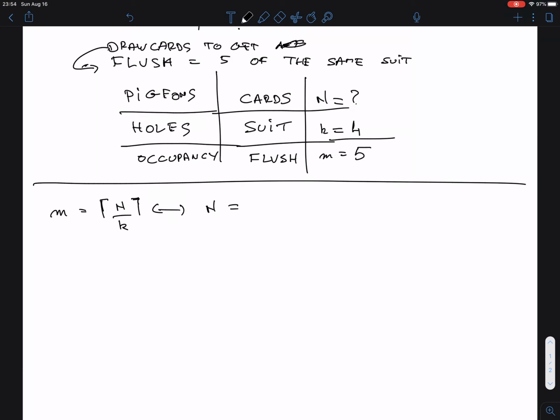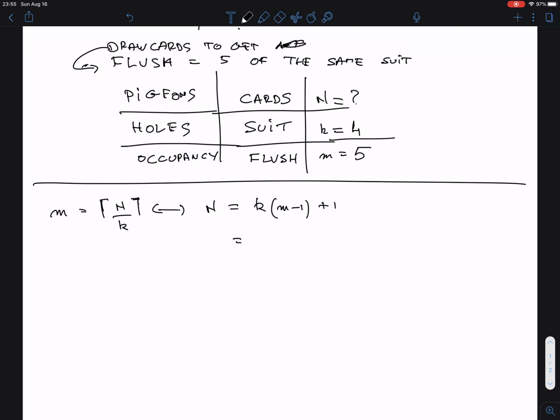The formula says: what can go wrong if you take your k holes and fill them up with m minus 1, one less than actually needed? Then you don't have enough, right? But if you add 1 to it, you have enough. So this formula can be used to calculate n.